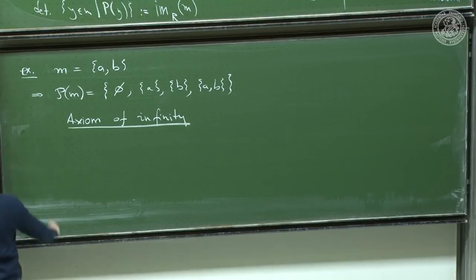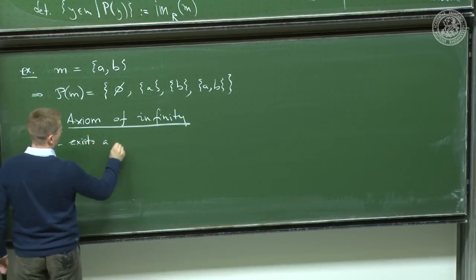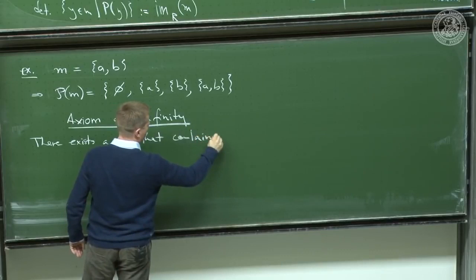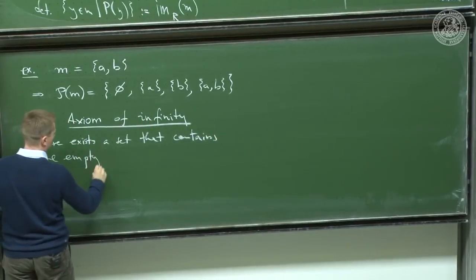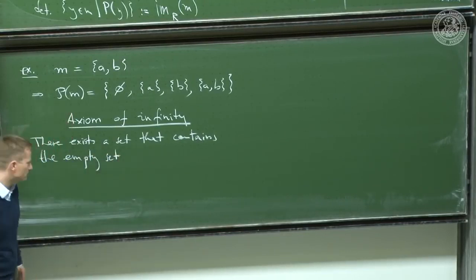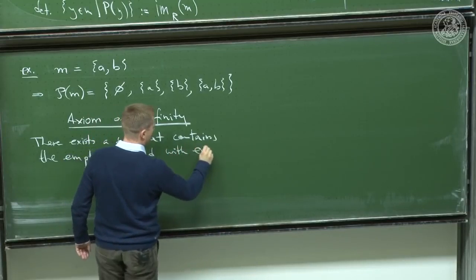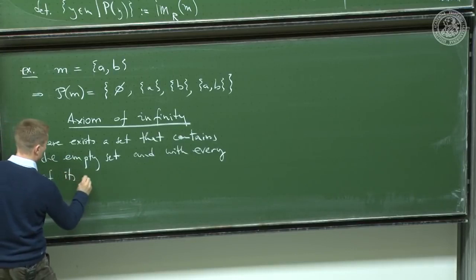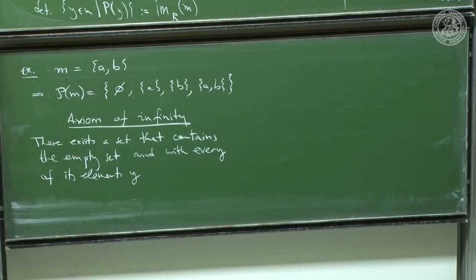The axiom of infinity says there exists a set that contains the empty set. Okay, that's simple enough. And with every one of its elements y, well, this, of course, does not refer to the elements of the empty set, because there are none.